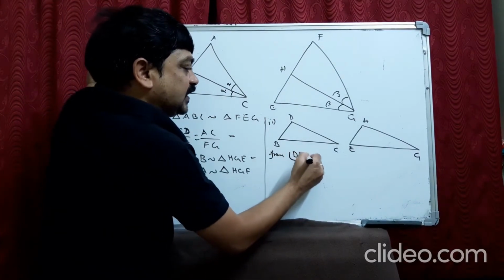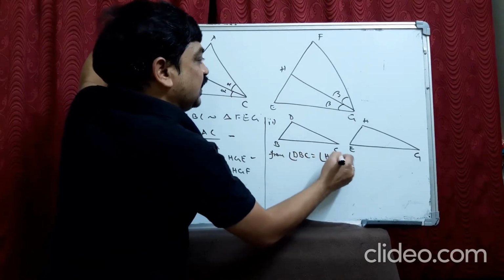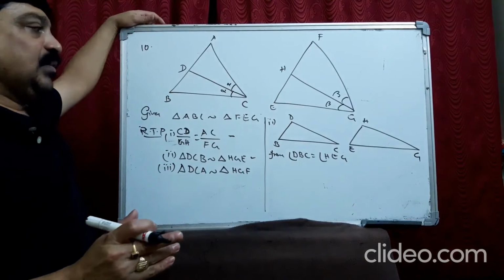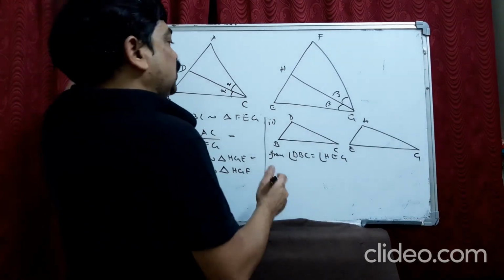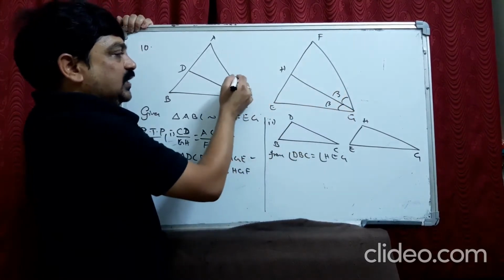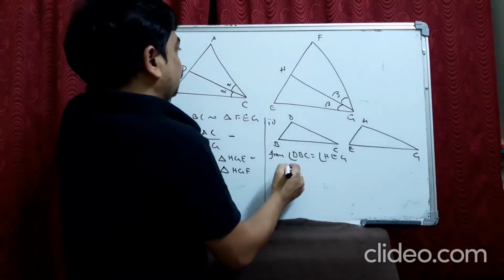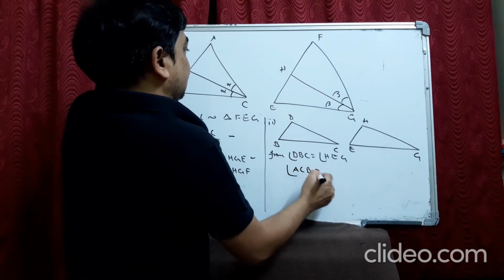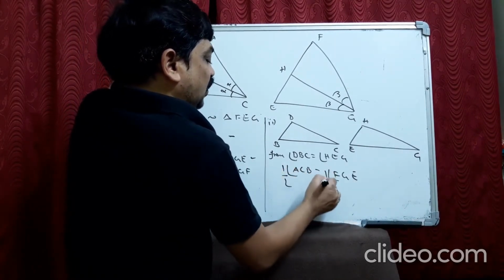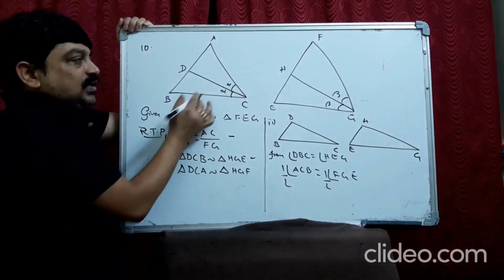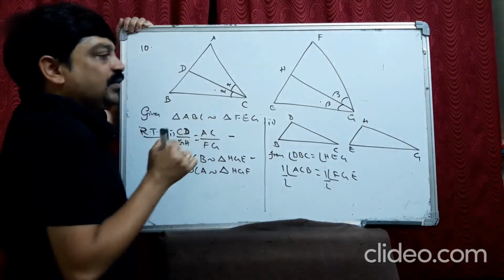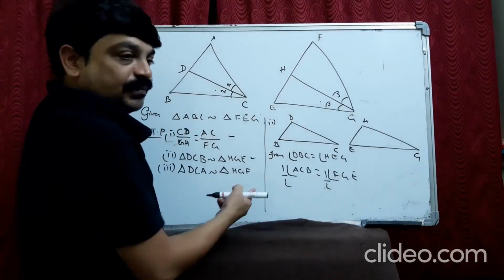Angle DBC is equal to angle HEG. This angle is equal to this angle because these two triangles are similar. Also, angle ACB is equal to angle FGE. When you take half the angle also, this is half of angle ACB and this is also half of angle FGE. So both are same.